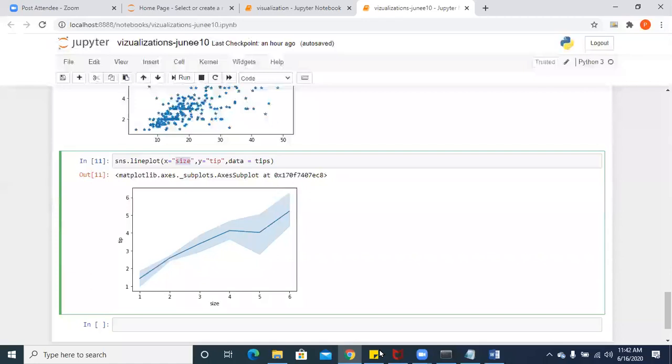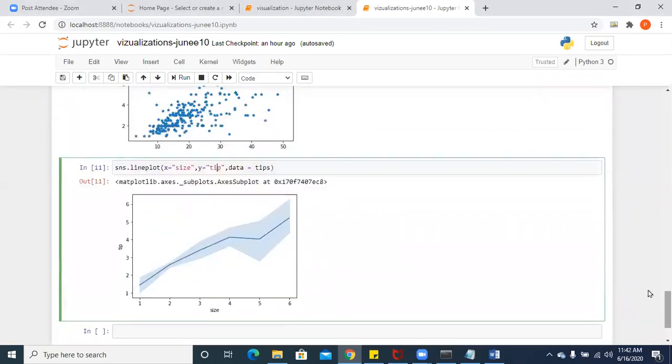Now, I asked you what is the relation between size and tip. No one told me. From this also, you can infer that as size increases, tip increases.